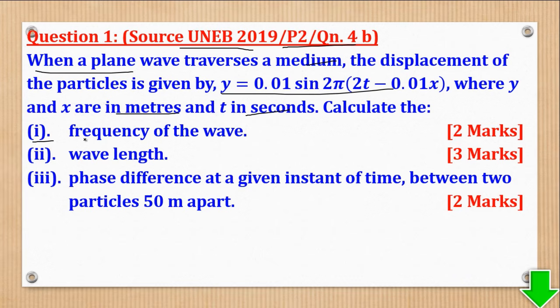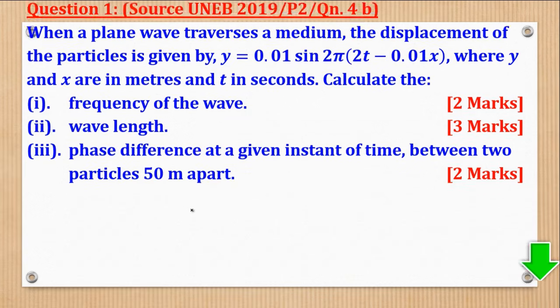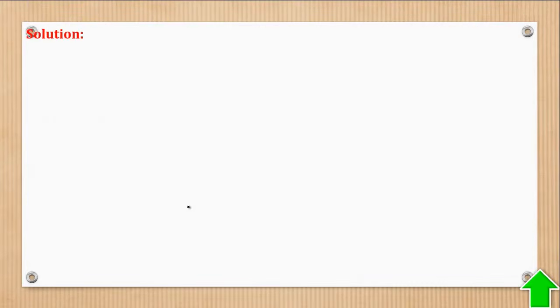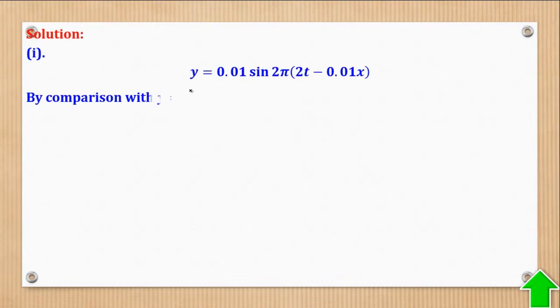Calculate Roman 1, the frequency of the wave, Roman 2, the wavelength, and Roman 3, the phase difference at a given instant of time between two particles 50 meters apart. So we shall start with part A, that is the equation you are given, then we shall compare it with the general equation, which is that.